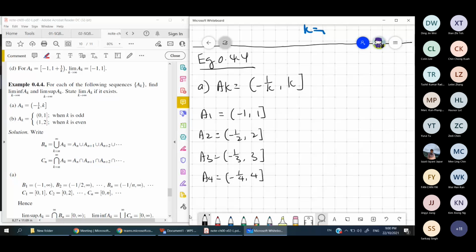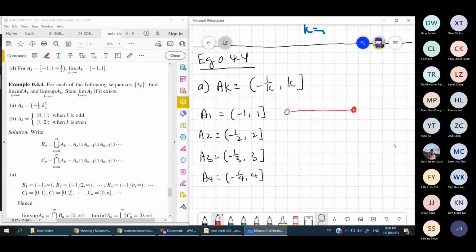If you look here, this is actually from minus 1 up to 1, increasing.